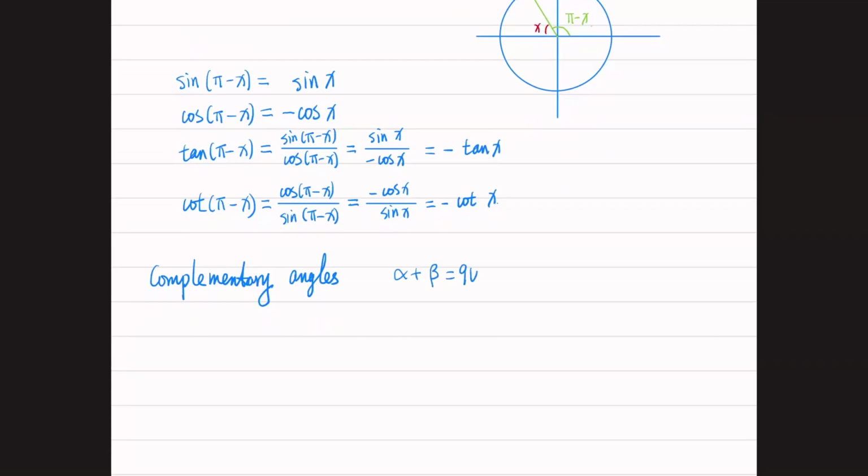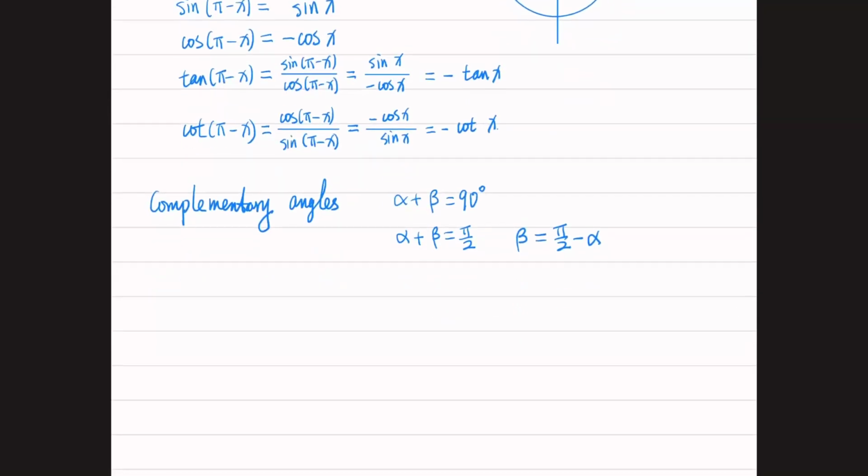I mean, for complementary, the summation will be 90 degrees. 90 degrees is the same as pi over 2. Oh wait, sorry, I said it in reverse. So the complementary angle is pi over 2 minus alpha.